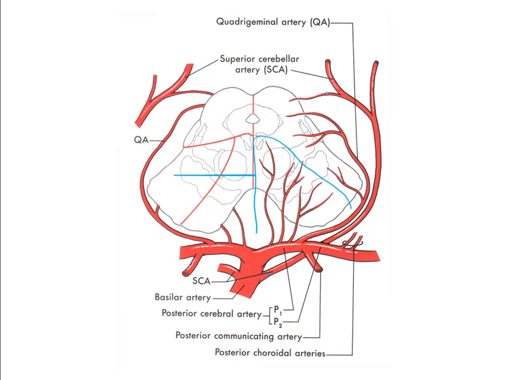It sends branches that run pretty far around, but coming off this vessel here, which we didn't name earlier, which is the posterior cerebral artery, which comes right off the top of the basilar, we get the short paramedian, short circumferentials. So think about it. We get paramedian, short, and long, all at the top end.